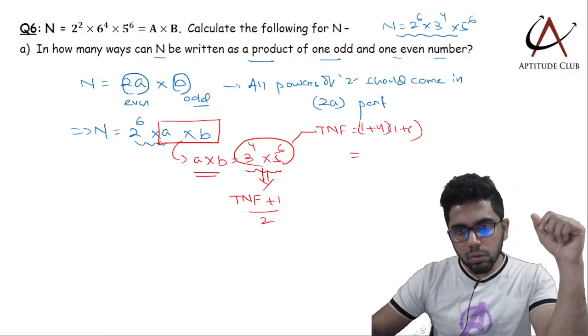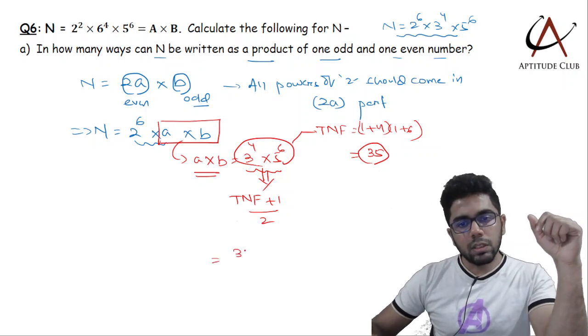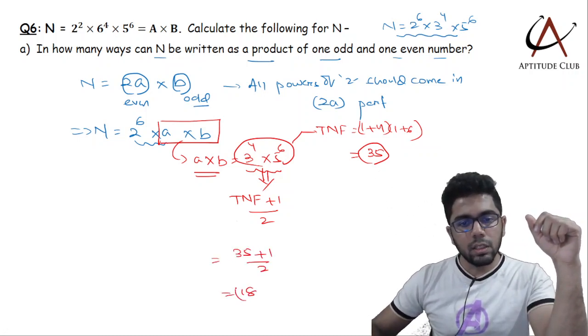So 1 plus 4 into 1 plus 6, 5 into 7, 35. So my answer, final answer is 35 plus 1/2, 18.